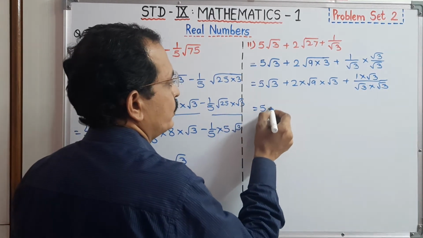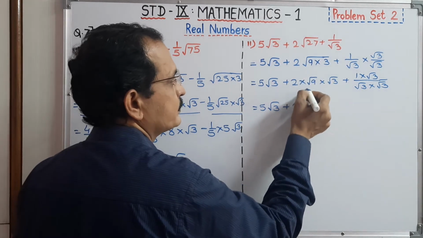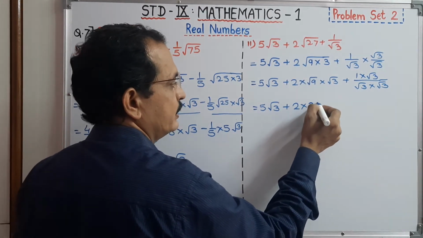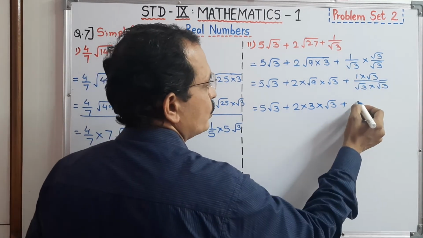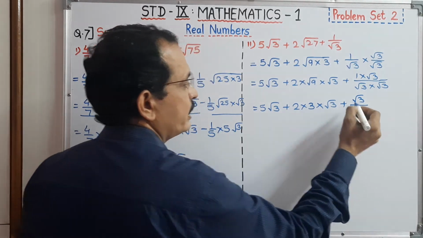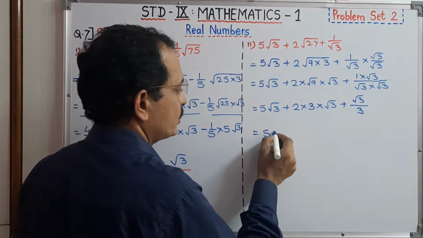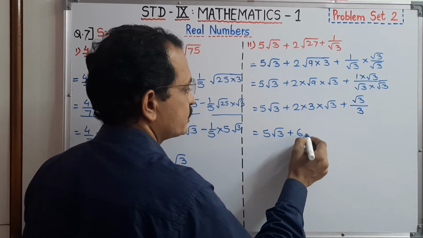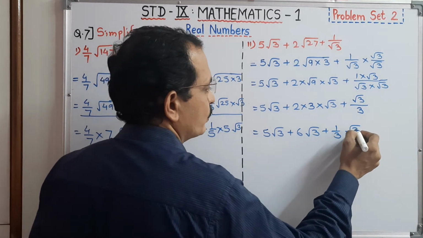Now 5 root 3 plus 2 into, what is this? Yes, it is 3 into root 3, plus 1 into root 3, it is root 3, and 3 into root 3, it is 3. 5 root 3 plus 6 root 3 plus 1 upon 3 root 3. Any doubt?